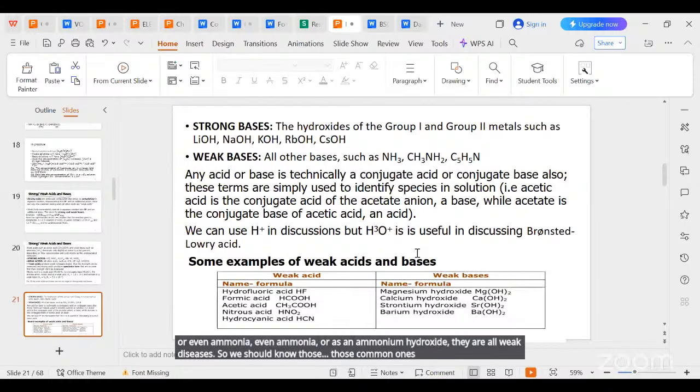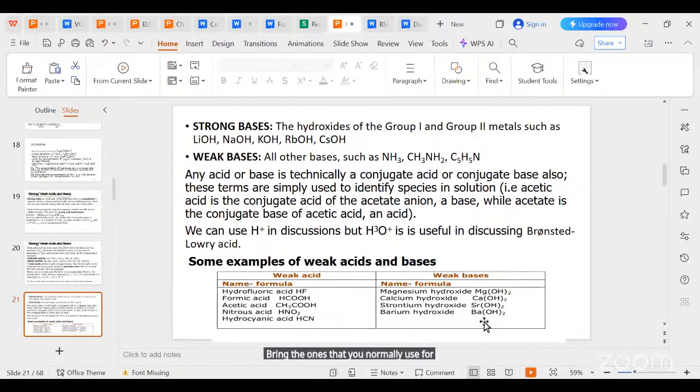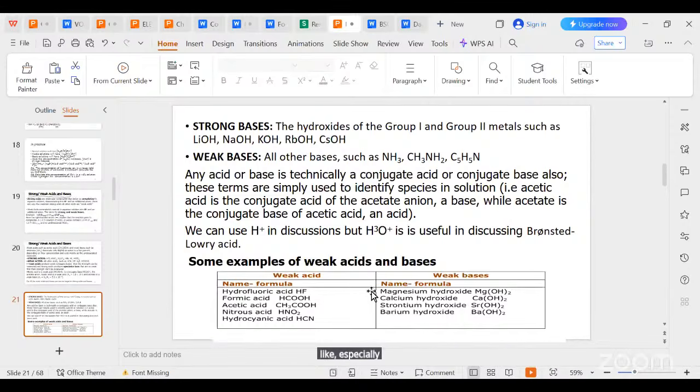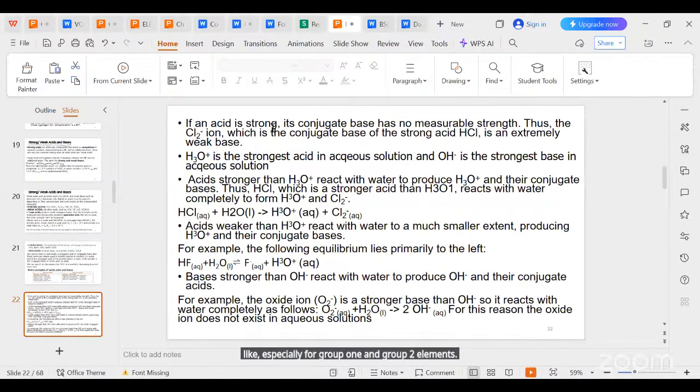Even if you bring an objective question, we won't bring the strange ones. We'll bring the ones that you normally use for titration, ones that you encounter every day, especially for group 1 and group 2 elements.